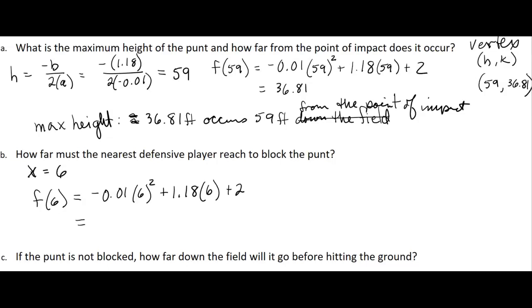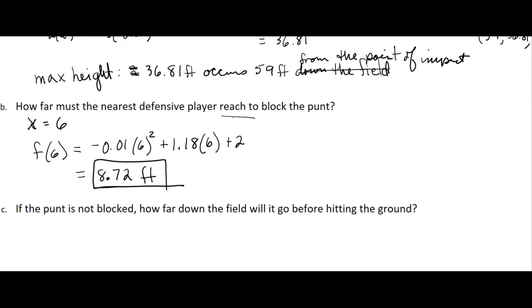So use your calculator. Okay, so I got 8.72. So he's got to jump up and reach 8.72 feet to block that punt. And he probably just can get a little finger on it and that will probably block it. But anyway, okay, it's football season. I like football. So that's how far he'd have to jump up and reach, though.